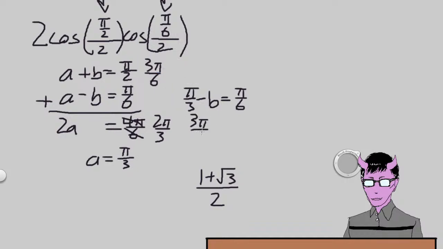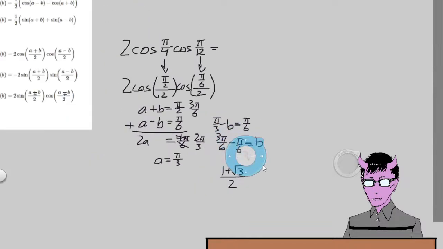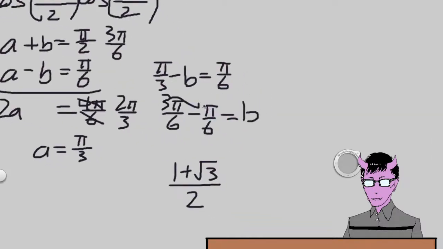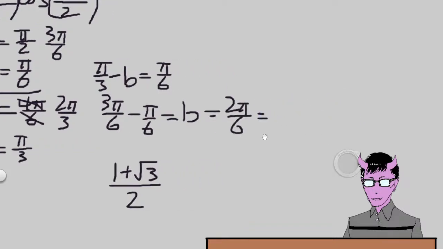So 3 pi over 6, and then we're going to subtract this one from both sides. And we're going to add b to both sides. Whoops, it looks like a 6. There's the b. Alright. So 3 minus 1 is 2. So we have 2 pi over 6, which, that's kind of weird. We get pi over 3.